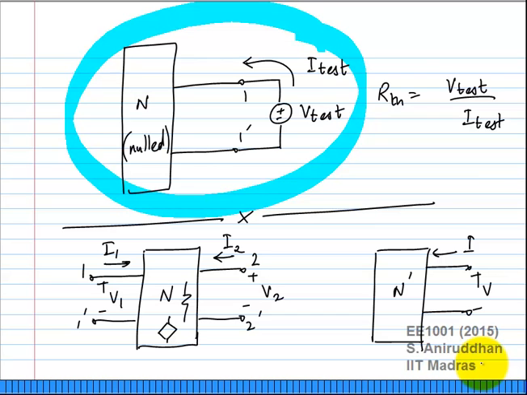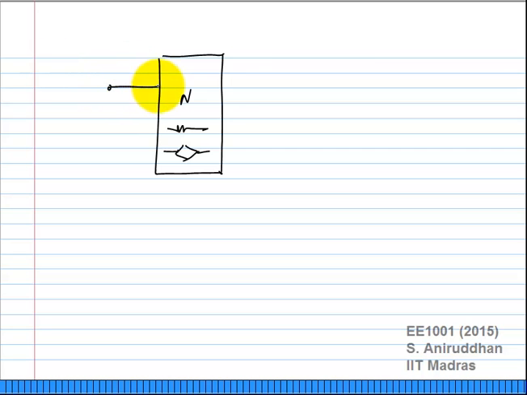Now suppose I start off with one particular way of doing this. Let me take this network N. For now I'll say it consists of only these kinds of elements. I am going to set the voltages V1 and V2 as the independent variables and set I1 and I2 as the dependent variables.